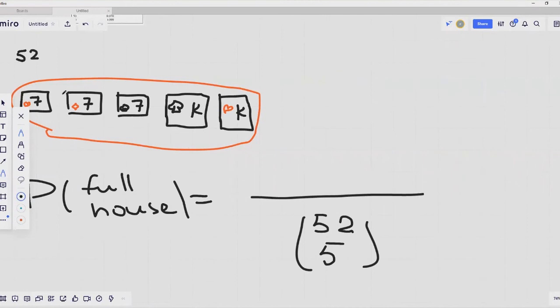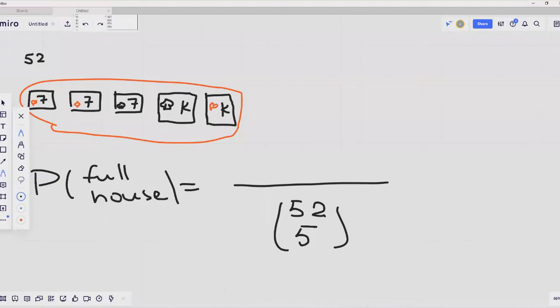First, an operation of choosing 3 cards of the same denomination. First, let's choose the denomination for those 3 cards. There are 13 denominations, so 13 choose 1. Then we have to choose suits for those 3 cards. There are 4 suits, and we choose 3 suits out of those 4 for our first 3 cards.